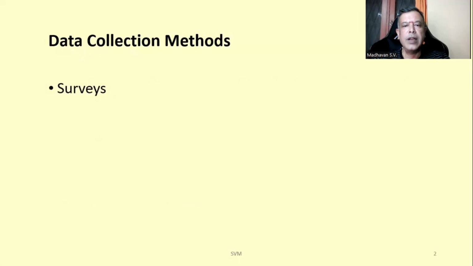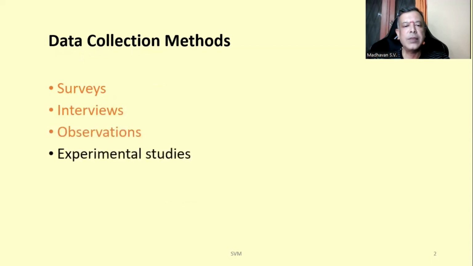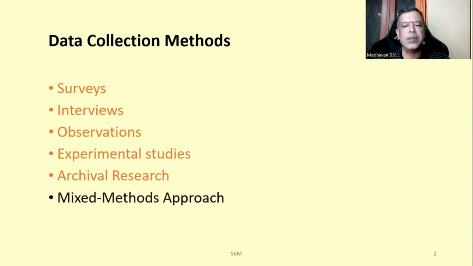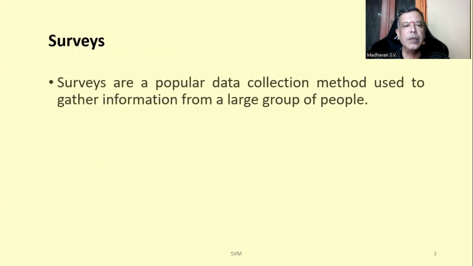Now, what are the different data collection methods? First one is survey, then interviews, then observations, then experimental studies, archival research, mixed methods approach. Again, when you come to survey, there are many types of methods available.